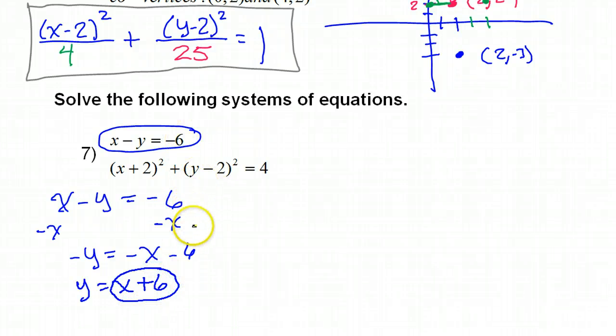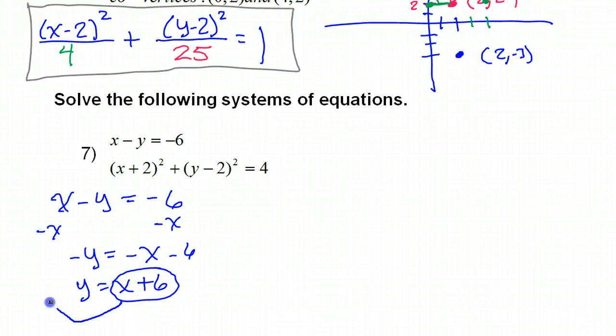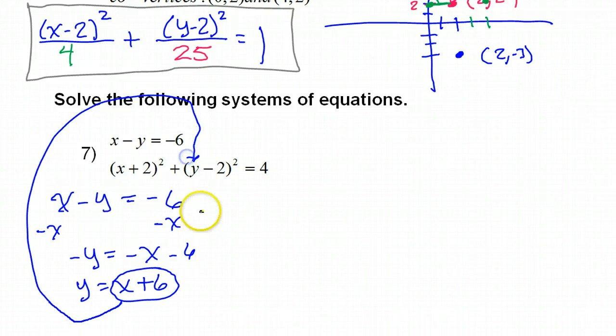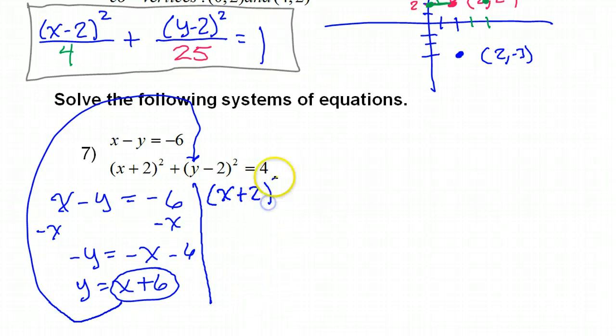So that means I can take this and plug it in to the other equation. This is what I'm talking about, you guys. I'm going to take this x plus 6 and put it right there where the y goes. So that's going to make this equation become x plus 2 squared, plus, now here comes the y part.